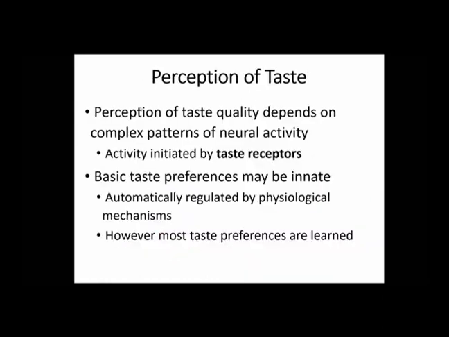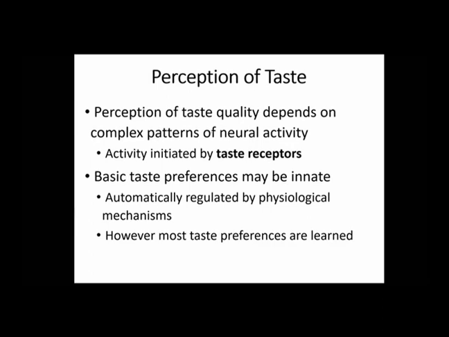Now, perception of taste is going to depend on more than just the taste itself, because if we only have those 4 or 5 different kinds of taste receptors, then how do we get so many complex and different tastes?